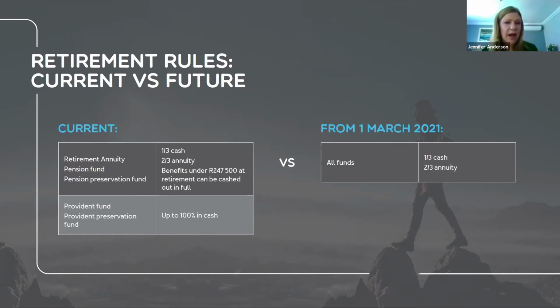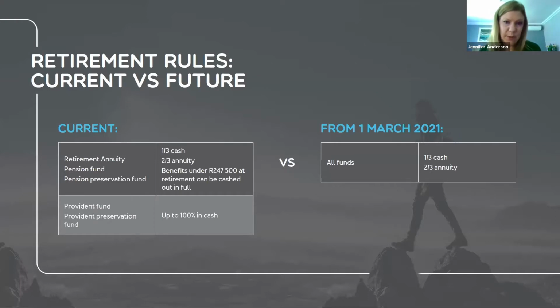So a living annuity, a life annuity, or something along those lines. There's also a minimum threshold there, which is another wonderful word in our industry, the de minimis amount. That's the amount of $247,500. If your benefit is below that, then you can take the full amount in cash.